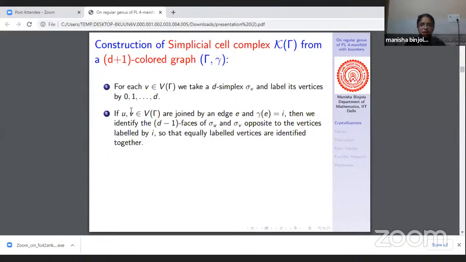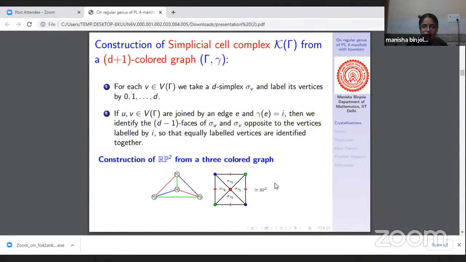We'll play around with these two things only. For each vertex, we take a d-simplex and label its vertices by the colors of edges in the graph. Second, if u and v vertices are joined by an i-colored edge, then correspondingly we identify the (d-1)-faces which are opposite to the i-colored vertex.